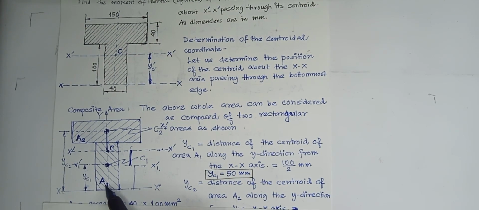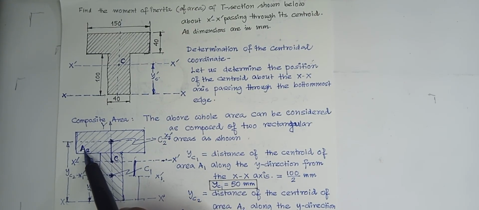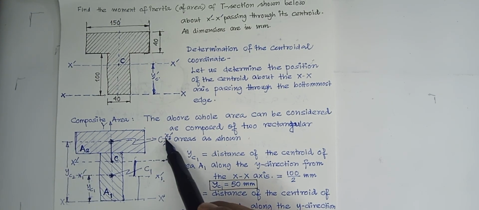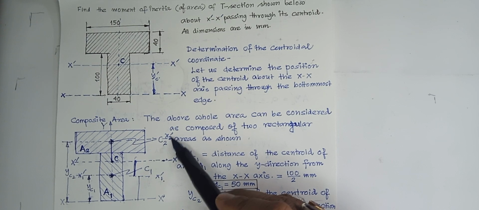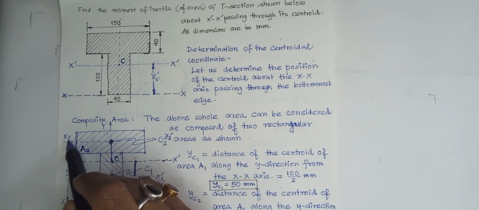That means area 1 and the centroid of that is C1, and the axis that is passing through that is x1 prime, x1 prime. This is area 2, A2. Then the centroid is C2, and the axis, that is centroidal x-axis, that is passing through that is x2 prime, x2 prime.